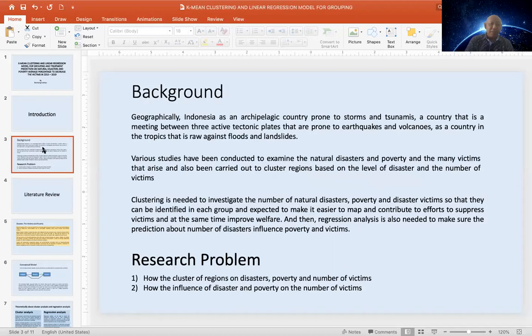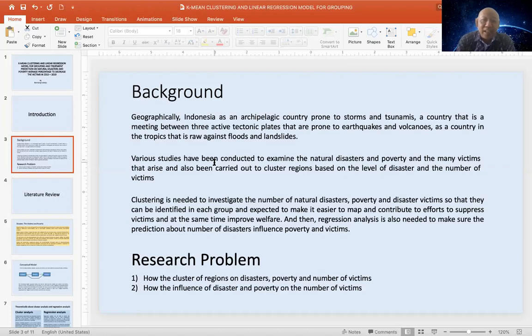Okay, I want to begin with the introduction. The background of our presentation is, first, that geographically Indonesia, as an archipelagic country, is prone to storms and tsunamis; a country that is at the meeting of three active tectonic plates, prone to earthquakes and volcanoes; and as a tropical country, it is prone to flood and landslides.